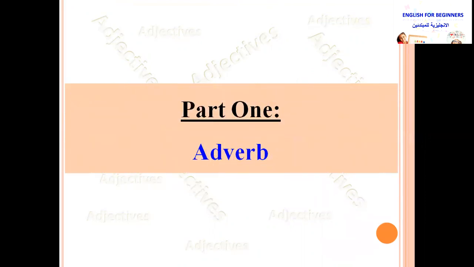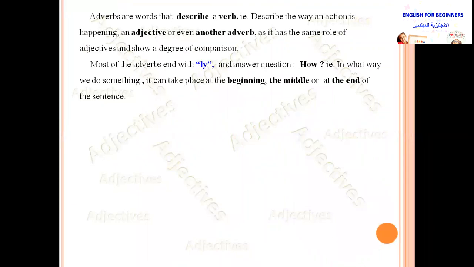Part 1. Adverb. Adverbs are words that describe a verb. هي عبارة عن كلمات تصف لنا الفعل, which means it describes the way an action is happening. تصف لنا طريقة الحدث.